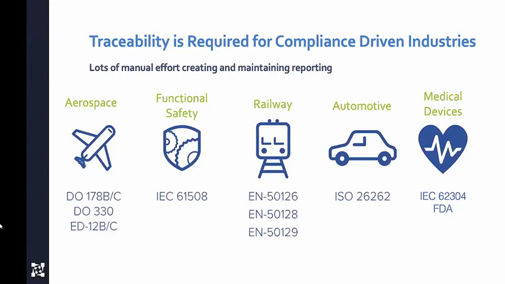Each of the industry areas has associated standards which talk to requirements traceability and why you need it, along with other software development best practices that we'll talk about today, like coding standards, unit testing, and so on.